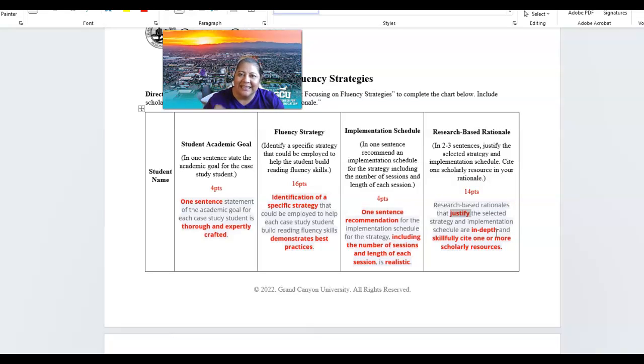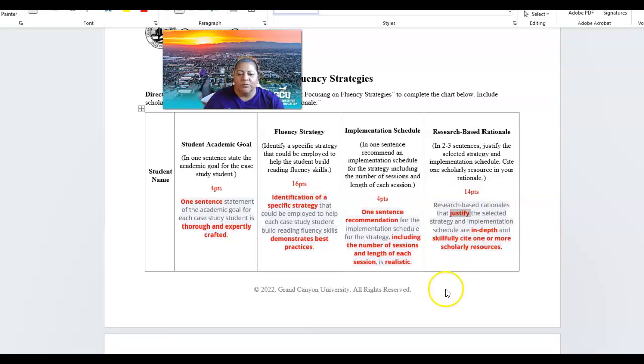You're going to put an in-text citation or a parenthetical citation. That means you need to cite why you're justifying this strategy. This strategy that I'm going to be using with them is going to help them because, and then as so-and-so stated in parentheses 2022, they stated that this strategy helps students with this.